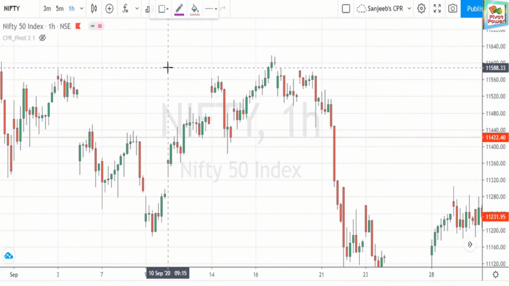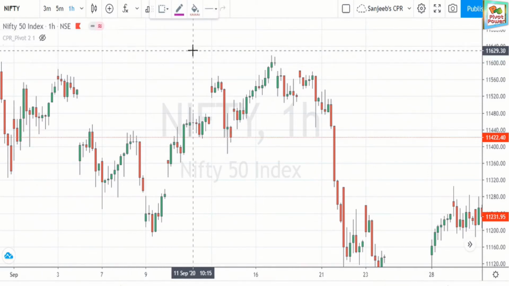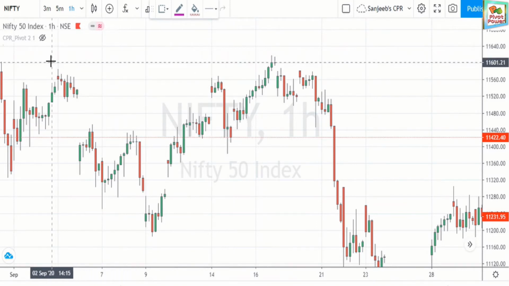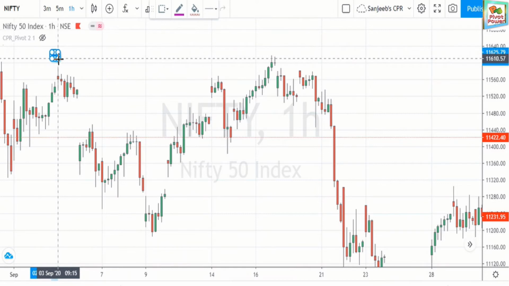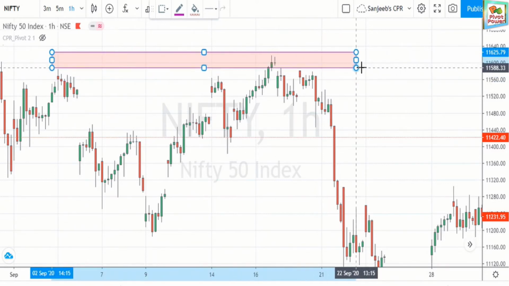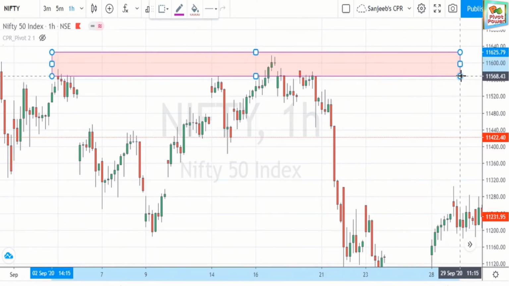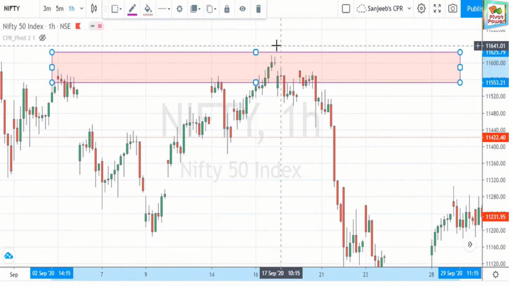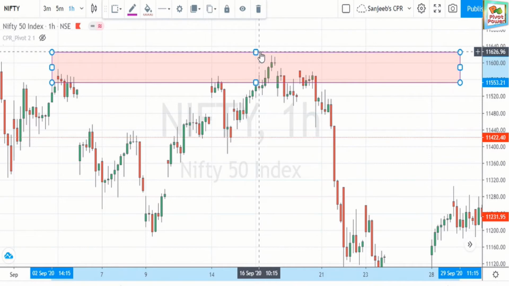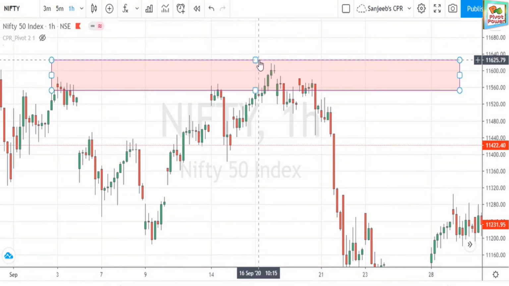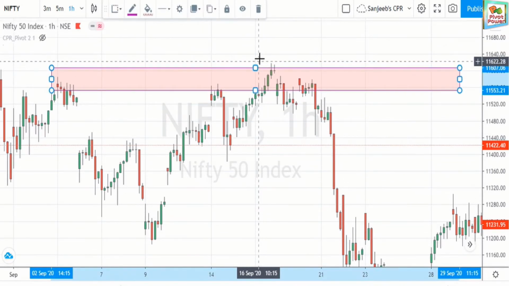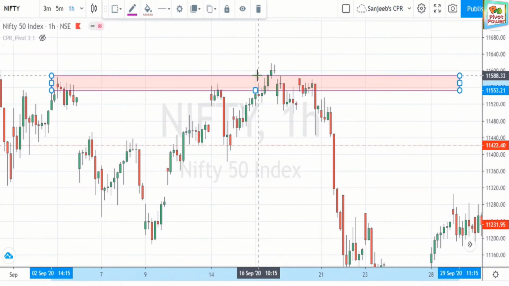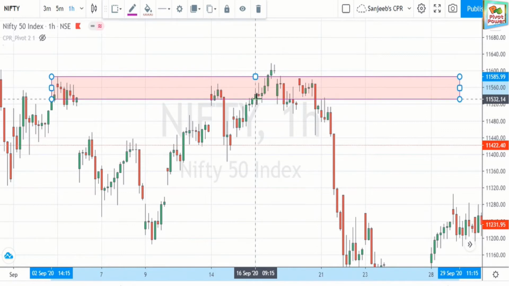In this, where is the supply zone? First, we have to identify it. In this, you see that this is the supply zone. Take a little bit below this, up to this area.